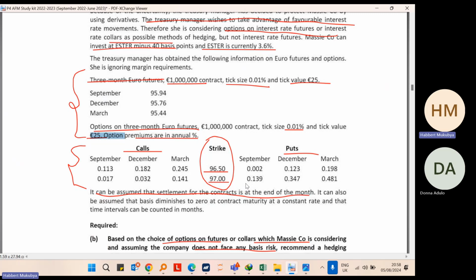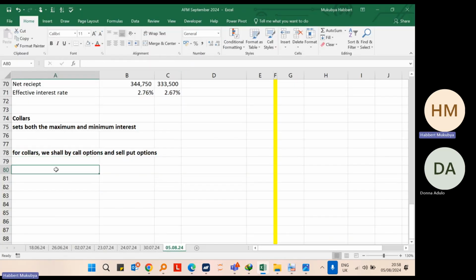Then you calculate. So here what we are going to do, we are going to buy at 97, we are going to sell those of 96. So we are going to buy call options at 97. So what will be the premium payable?